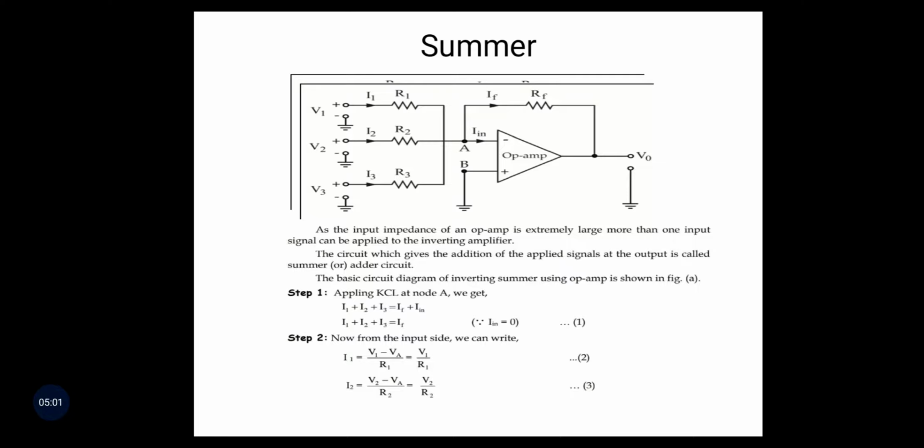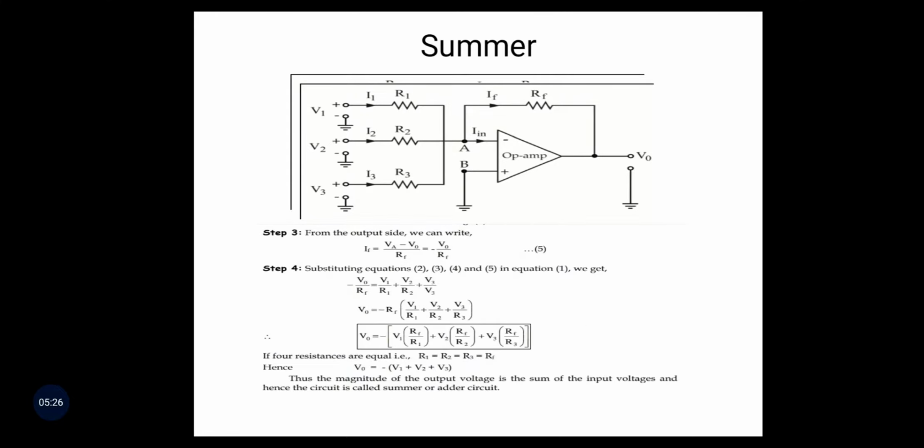That's why I1 equals V1 by R1. I2 equals (V2 minus VA) by R2, which with VA equal to 0 is V2 by R2. Next, I3 equals V3 by R3.